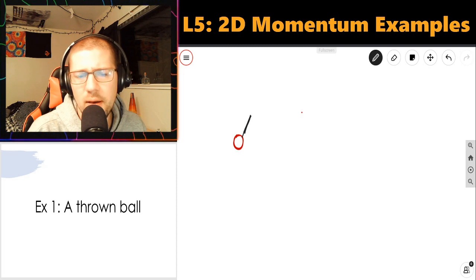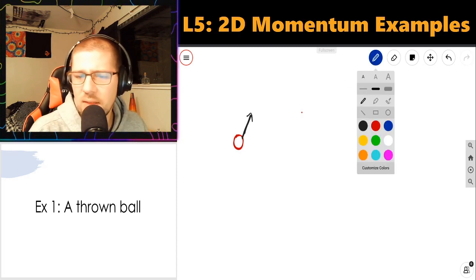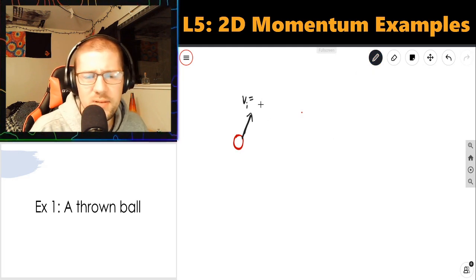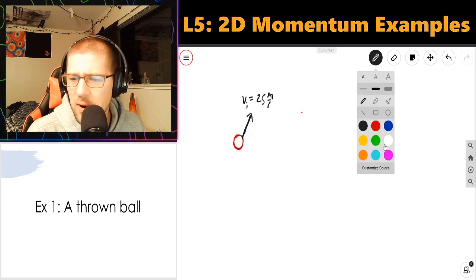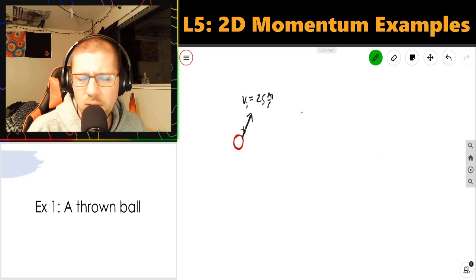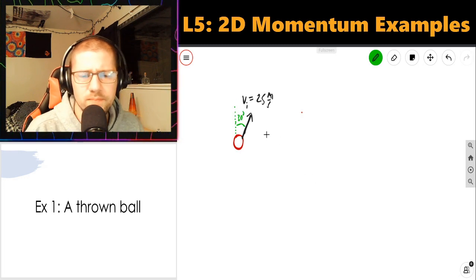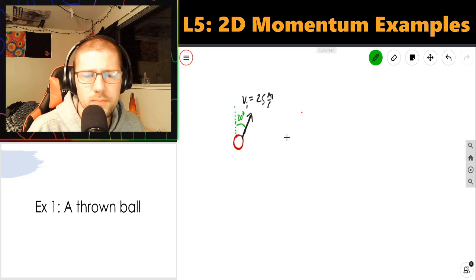I'm going to mark my vector here for its velocity. Let's say its initial velocity, vi, is 25 meters per second, and the angle relative to the vertical, eyeballing that, let's call it 30 degrees. Should make life simple.